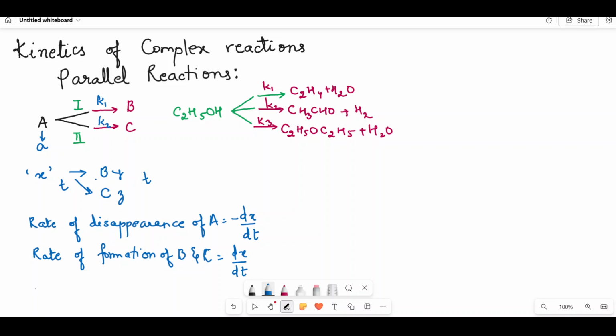Now, separately, the rate of formation of only B we can say is dy by dt. Since it is forming, we are using the positive symbol. And formation of C, we can say dz by dt.